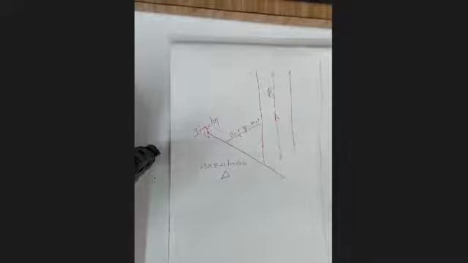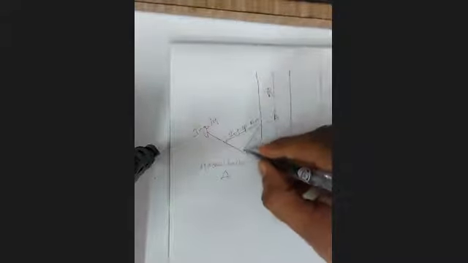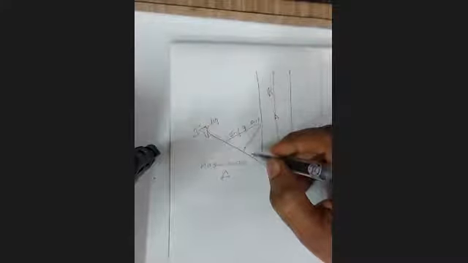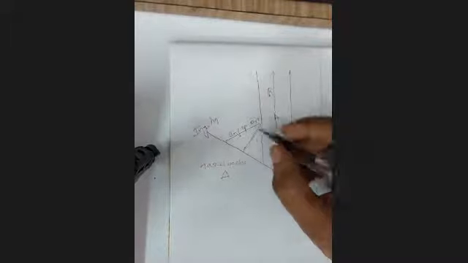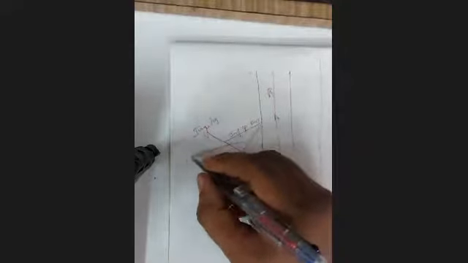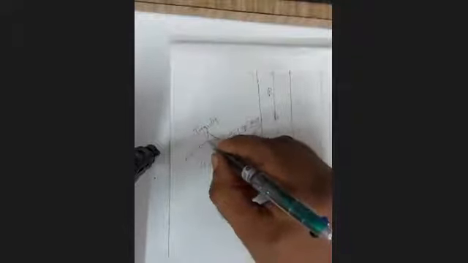This Hesselbach's triangle is divided by a structure inside it, and that structure is the obliterated umbilical artery.